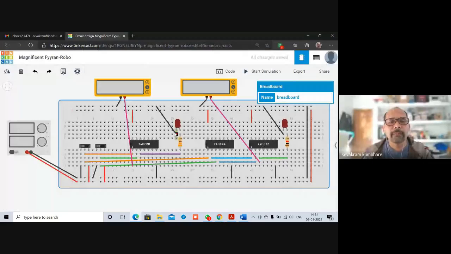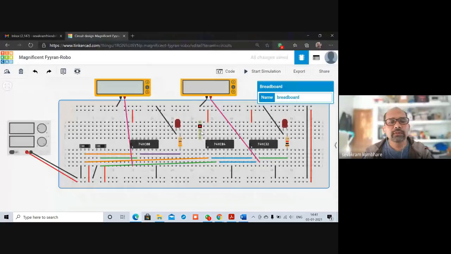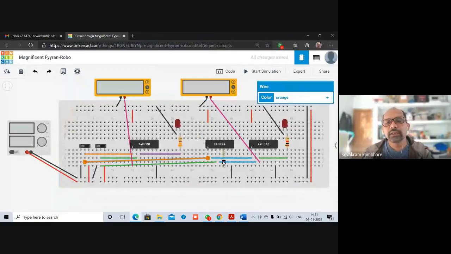Fine. Now on this side we'll see input A is connected to pin number 5 of NOT gate. So what we can do, we can connect it to pin number 5. So this is pin number 5. 1, 2, 3, 4, 5. So this is 5. Okay.